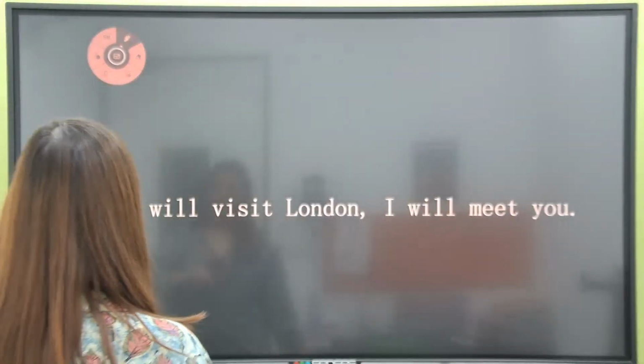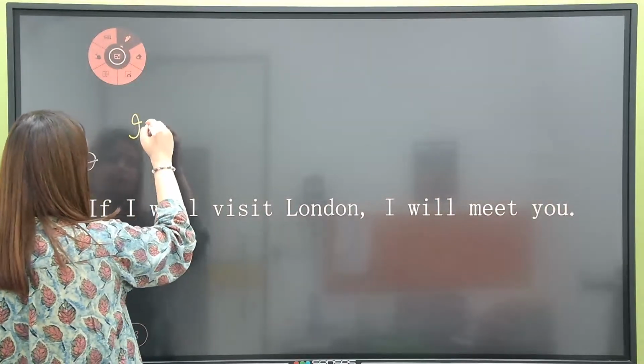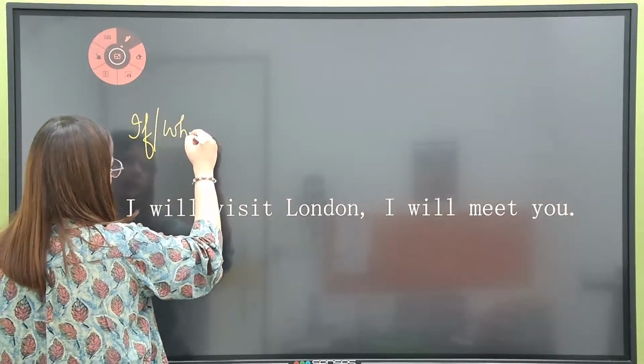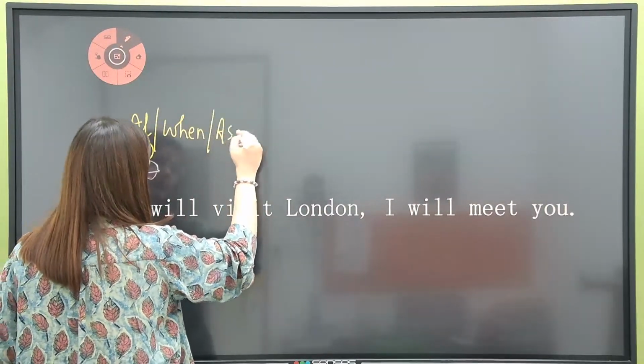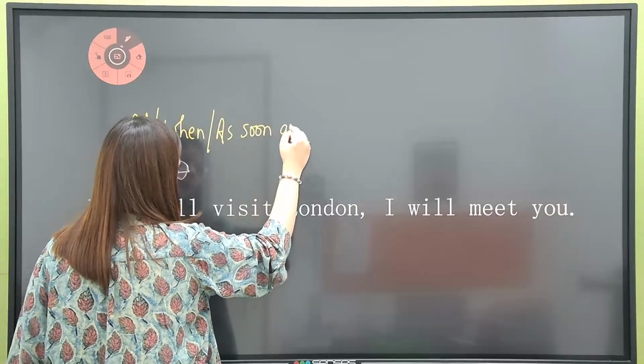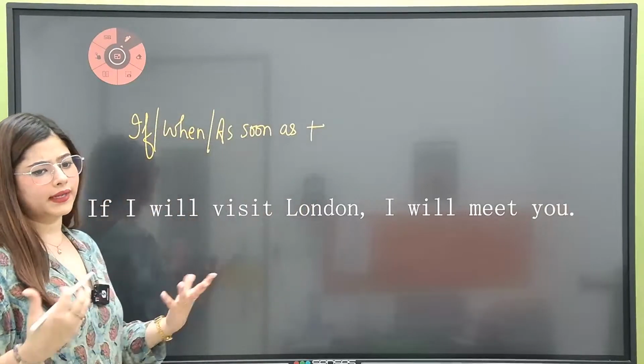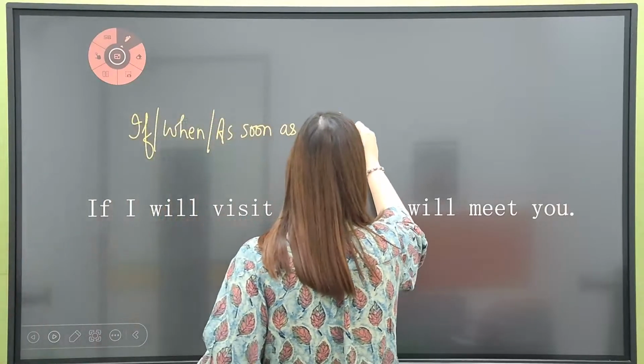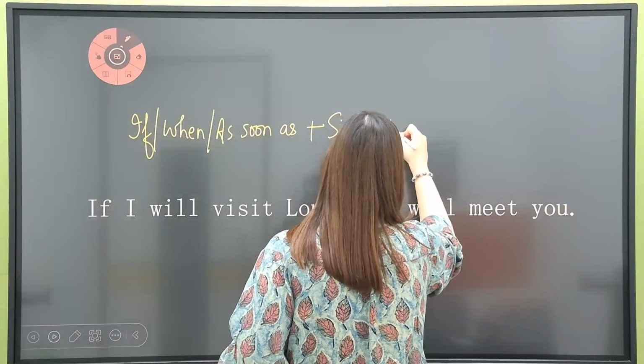Yes, words like if, when, as soon as would take up simple present.